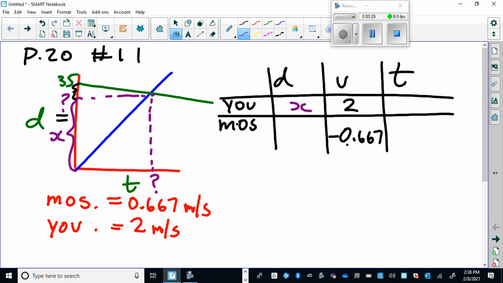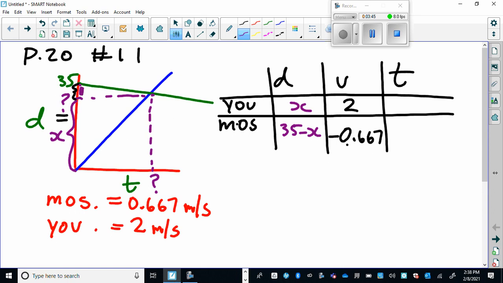Well, the mosquito starts here and travels just the black bracket there. And what's an expression for that? Well, that's going to be 35 minus X. 35 minus X will give you this displacement right in here.